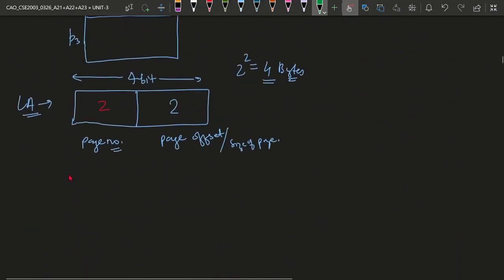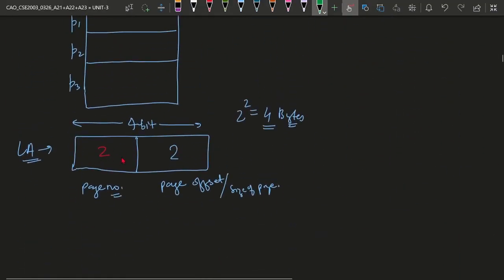So the logical address will be of this form, having the page number. Page number was 2, so page number 2 with 2 bits is written as 10. So 10 indicates the page number, because page number 2 was there for byte number 9. The offset indicates at what index the 9th byte is stored.